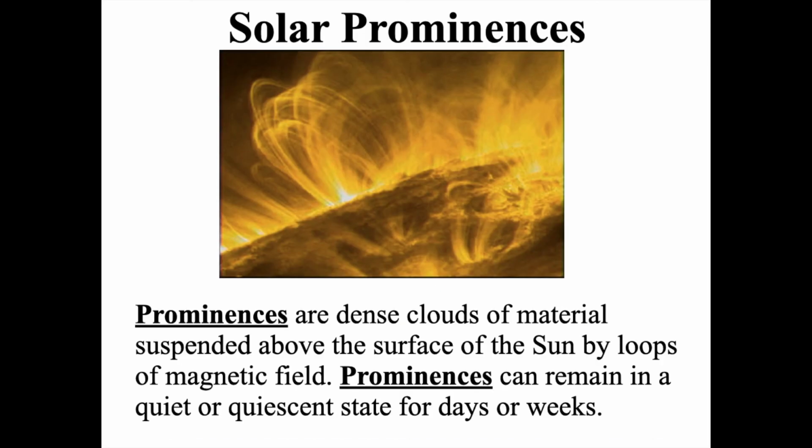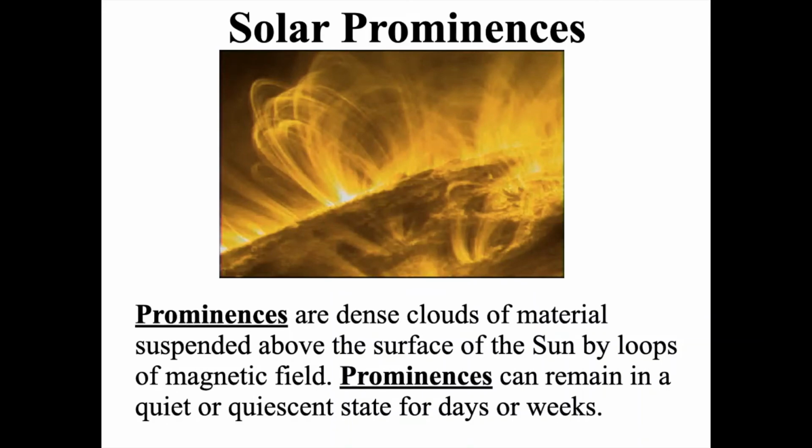As we were talking about with solar flares, we talked about the magnetic loops and solar prominences. A prominence is basically a dark cloud of material suspended from the surface of the sun. These loops, which we said, if filled with gas, are going to create that magnetic loop.